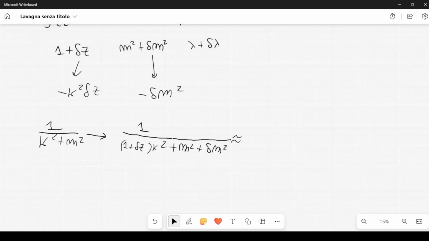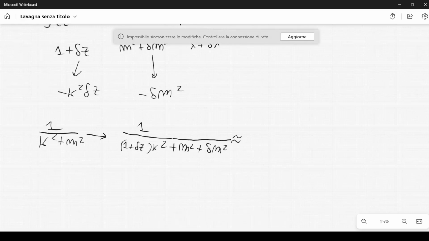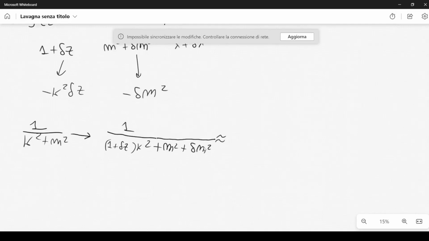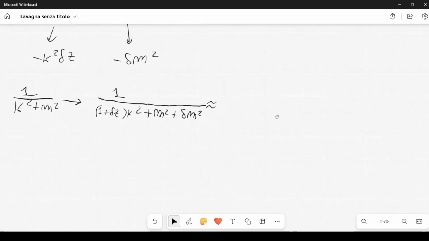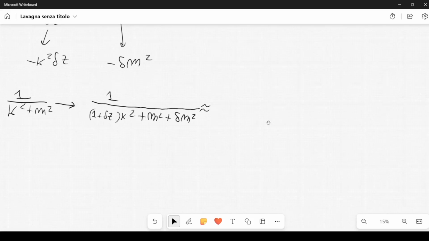We will see that the word small is quite a confusing, or dangerous, quote-unquote dangerous, word, because it's not totally true that delta m squared and delta z are small terms, and this will be more apparent later, but still we can expand this function in powers of delta z and delta m squared. So we are thinking that delta z and delta m squared are small now, but only for convenience.